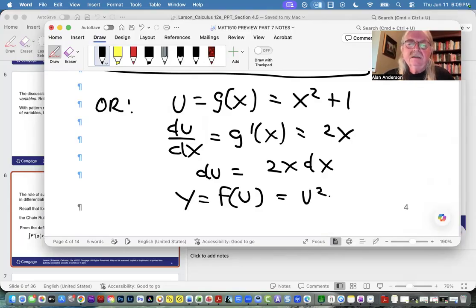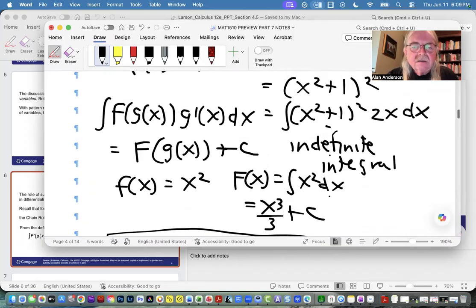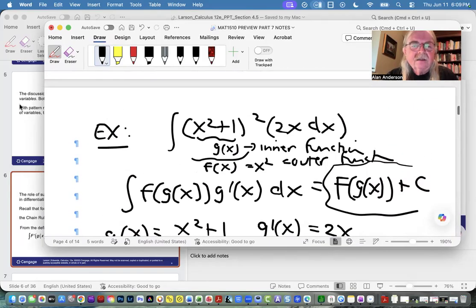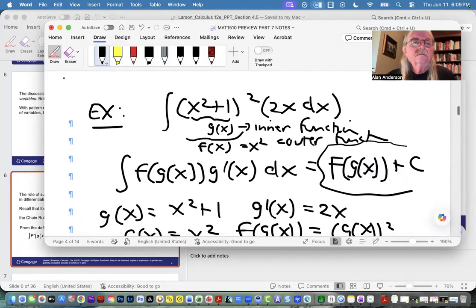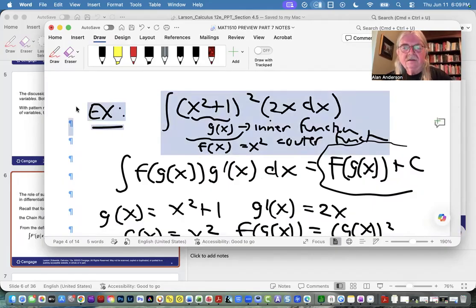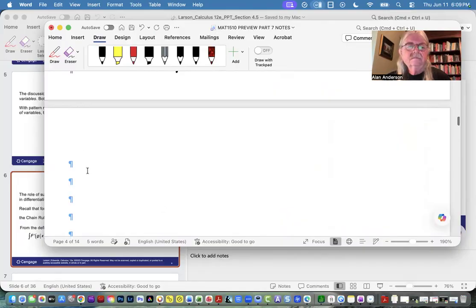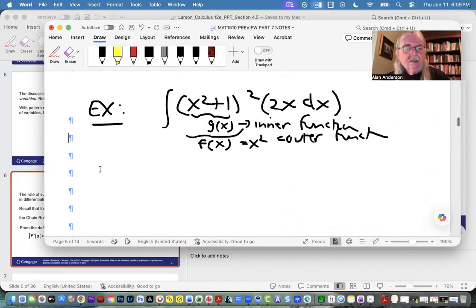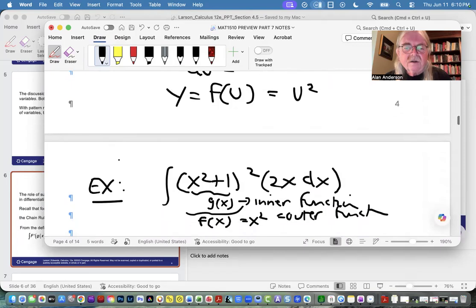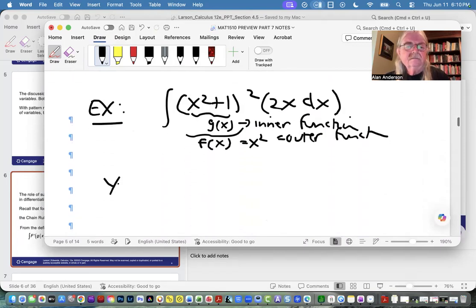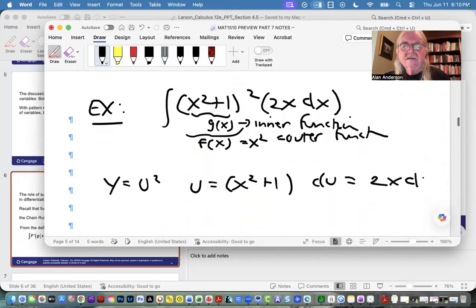Okay. So this original integral from way back here, let's copy that down here, could be rewritten as, given that, remember, let's not forget, u squared, and u is x squared plus 1, and du is 2x dx.